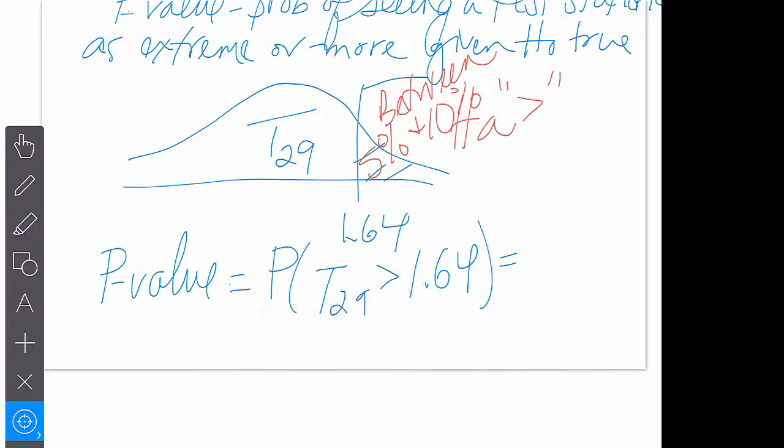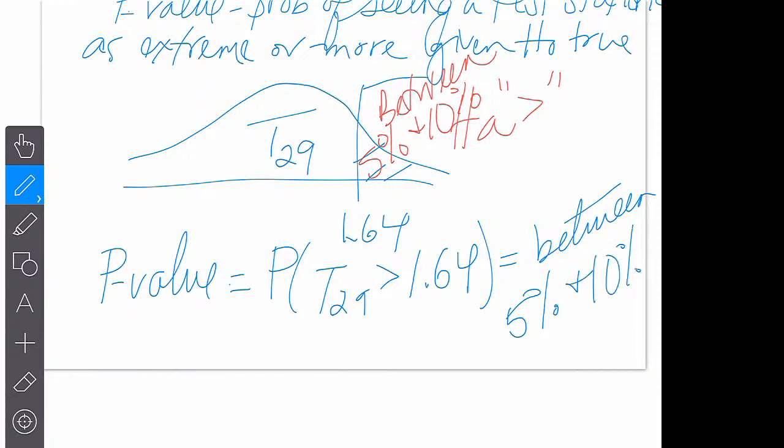I would like to see the graph as well. So that's the answer, between 5 and 10%. No, was it 5 and 10? Yeah. It's so funny. Yeah, that's right, 5 and 10%.